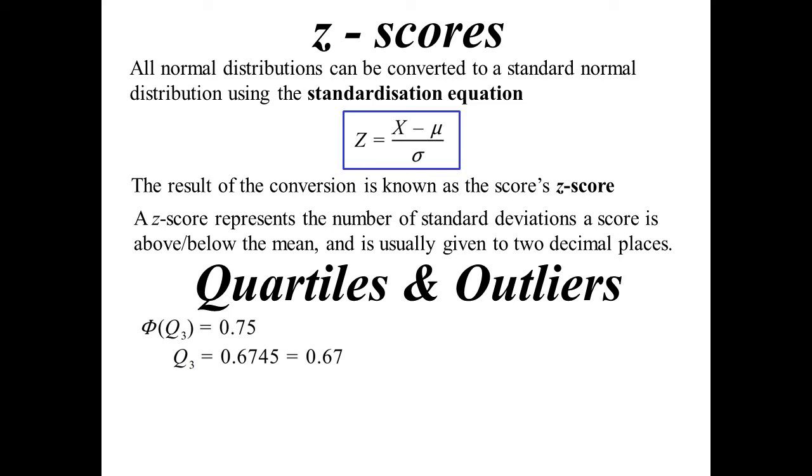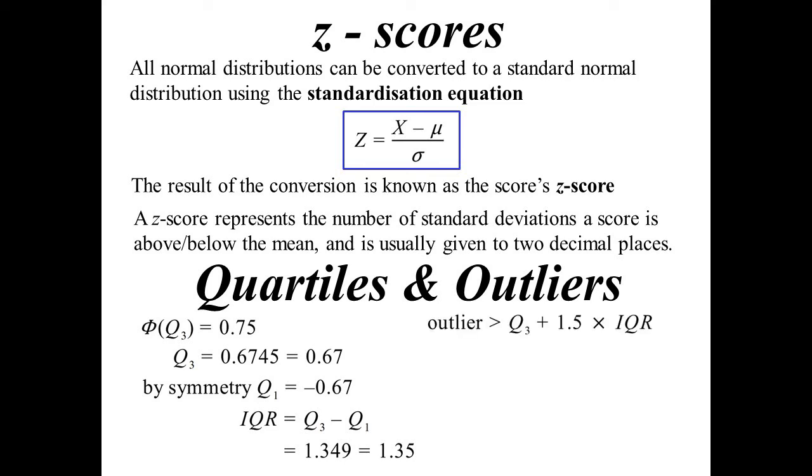If we look up the table of values, we can see which one gives us the answer of 0.75, and it's 0.6745. And then by symmetry, because it's lovely and symmetric, we can work out Q1 must be negative 0.67. Interquartile range, Q3 minus Q1, will end up being 1.35. So that means for every standard normal distribution, the interquartile range is 1.35.